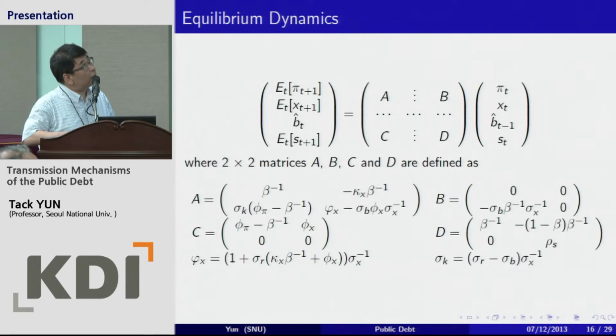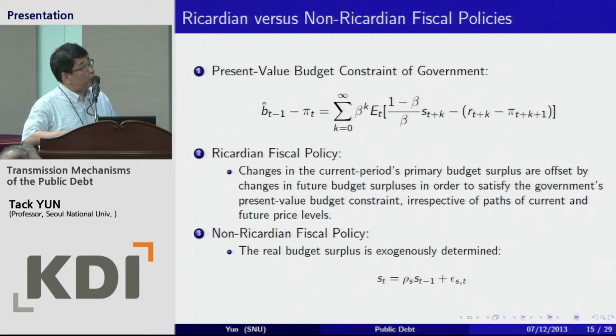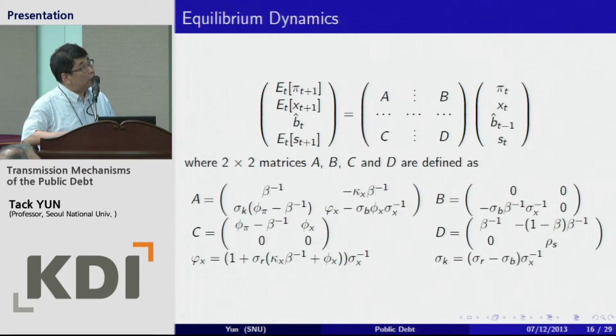And then here, this is the equilibrium dynamics that's summarized in the matrix equations. In the case of the Ricardian fiscal policy regime, the matrix A is sufficient to understand what the equilibrium dynamics would be.